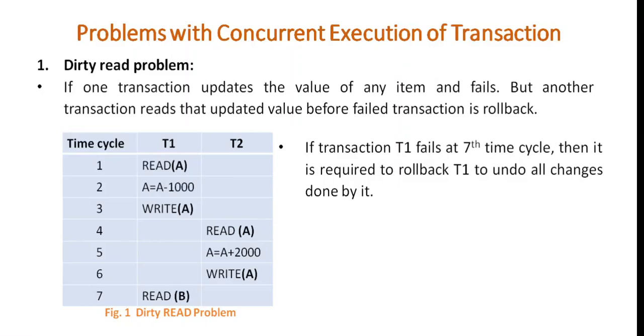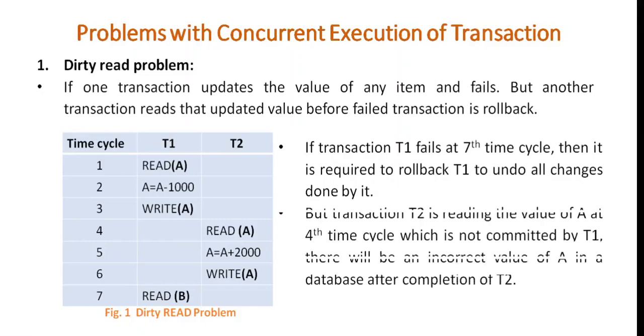Now transaction T2 is reading the value of A, crediting rupees 2000 to account A and then updating the value of account A. Now if transaction T1 fails at time cycle 7, then it is required to roll back that transaction to undo all the changes done by it.